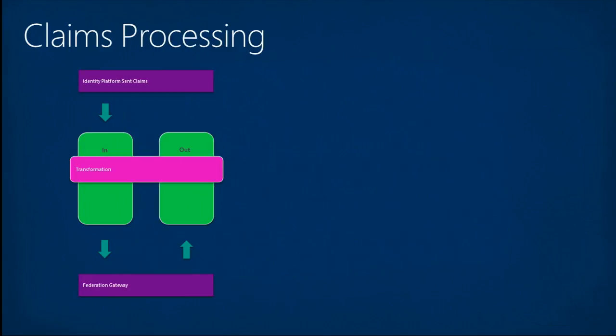We have these 2 little boxes of things that we can do. The first one is transformation. We can transform something that's coming in to be something else. So let's use Windows Live. Everyone's got a Windows Live ID or something. Windows Live ID uses the user principal name as the object for authentication. That means nothing to me.